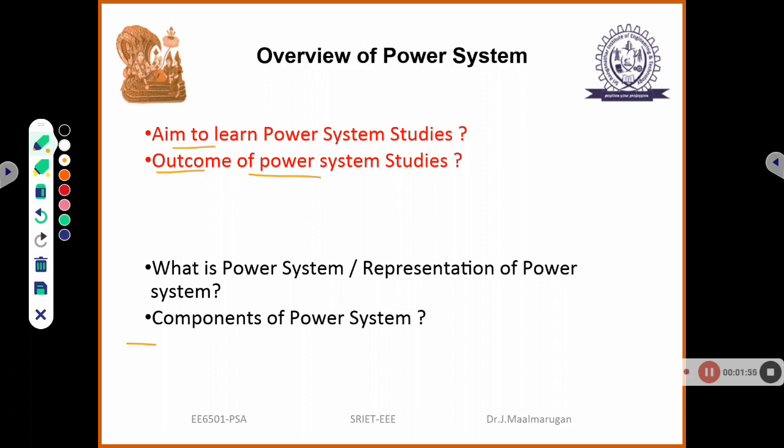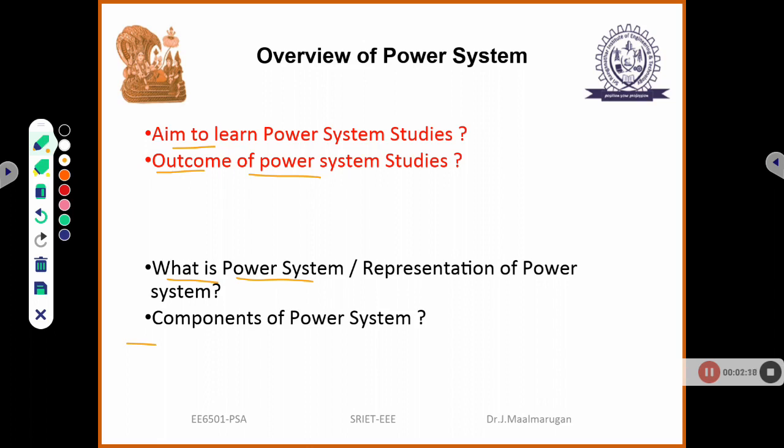Now, what is a power system? That is another question. You should ask yourself why you are going to study that particular subject, and what things are involved in it. Before that, what is a power system? How do we represent the power system?